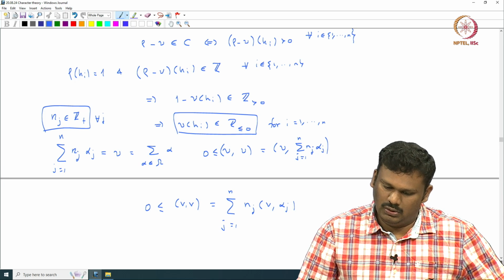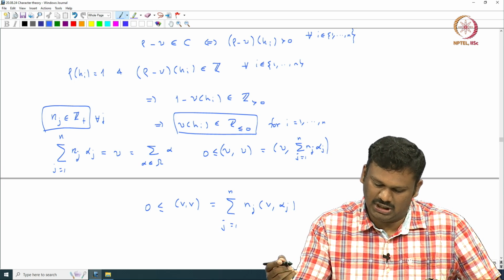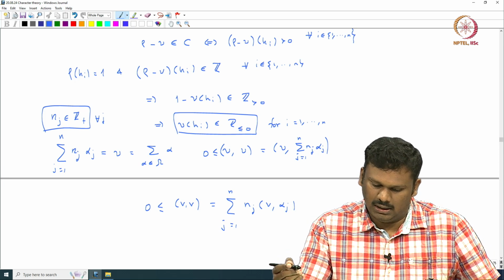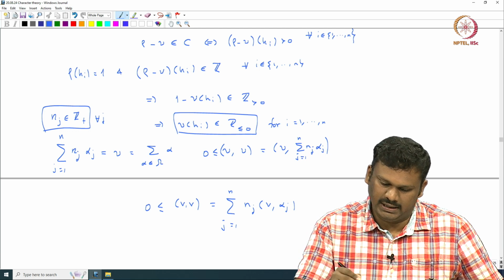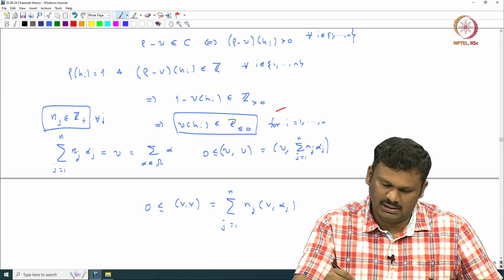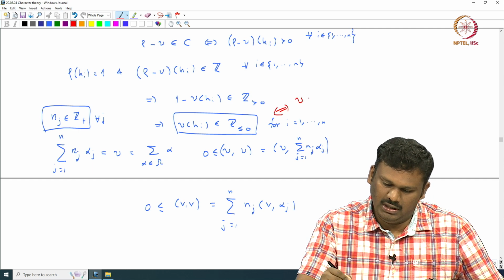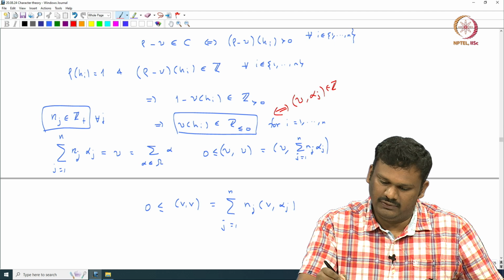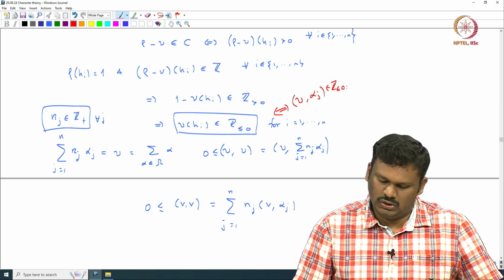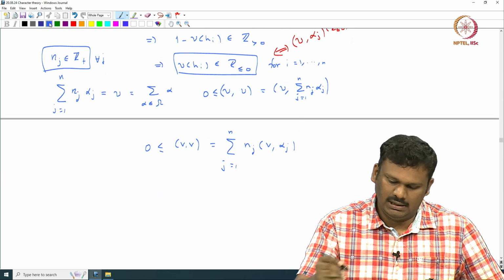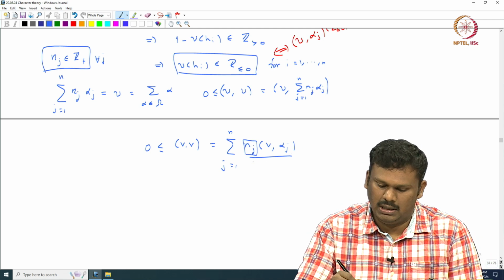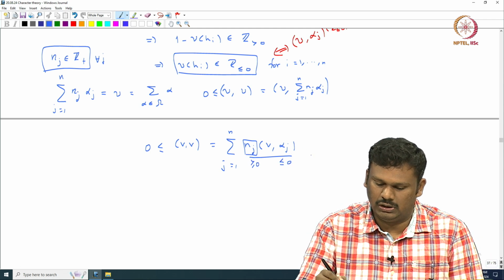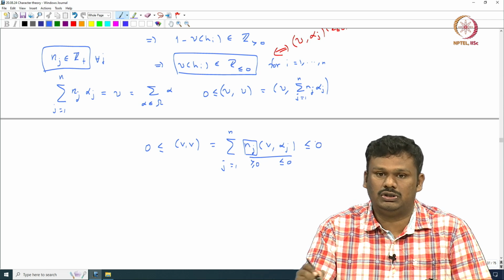Now, you can easily see that V of Hi being a non-positive integer is the same as saying that V comma alpha j is a non-positive integer. If you use that, then this sum becomes less than or equal to 0, because the Nj are all greater than or equal to 0 and V comma alpha j is less than or equal to 0.